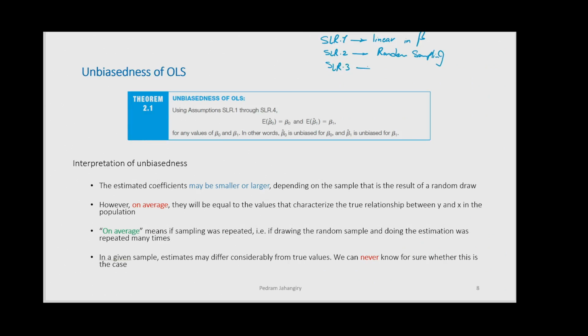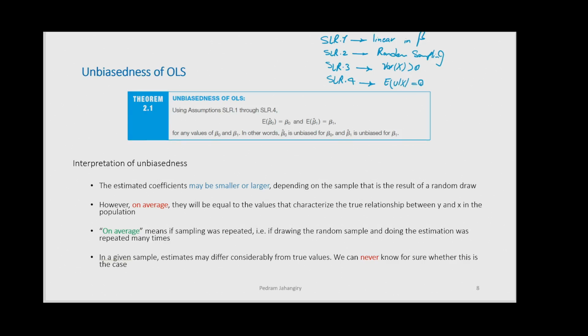SLR3, the variance of x must be greater than 0. SLR4, expected value, zero mean, conditional mean independence, right? Or mean independence. The expected value of u given x is equal to 0.